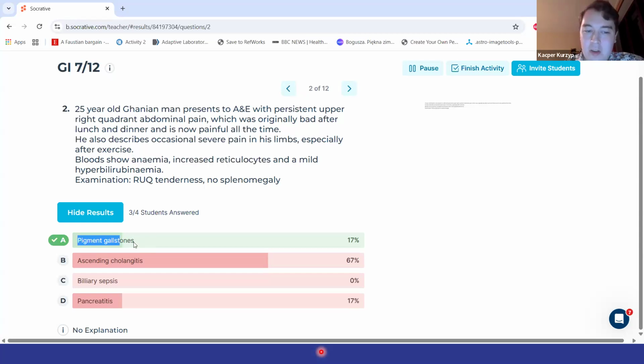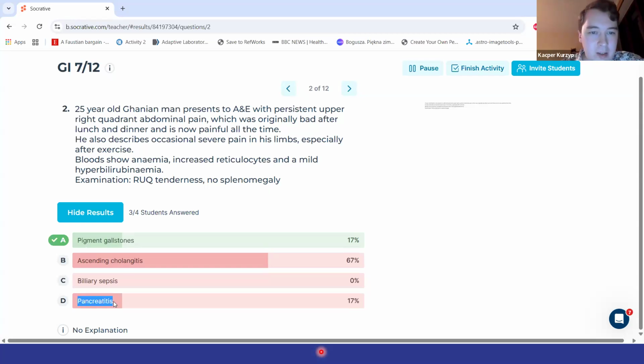So this is actually pigment gallstones as a complication of sickle cell. So this is one of the more difficult questions, but a realistic one this time for LabMed, where you have, I'd say, three layers in the difficulty.